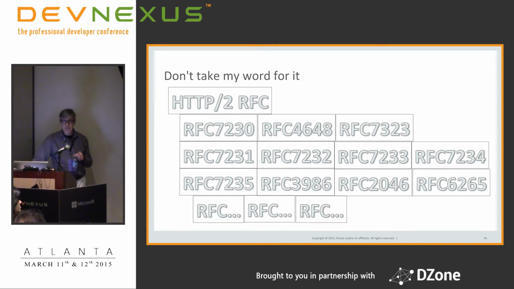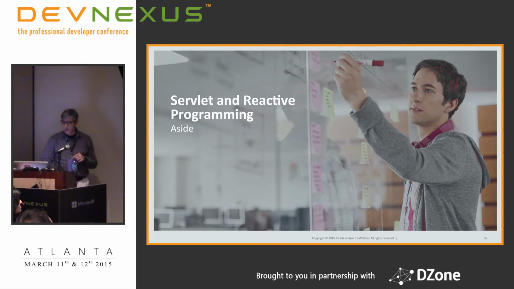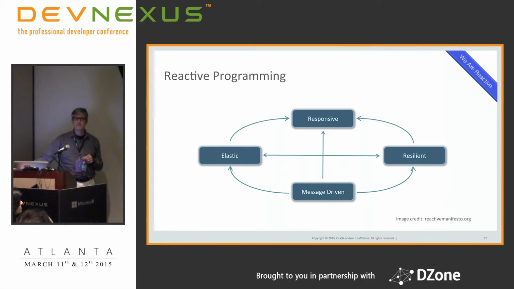There's a lot to read if you want to get to the bottom of this. Or you could just use Servlet, which sits on top of all this and provides a nice, easy-to-use API. And this gives me a segue into a little aside here about servlets and reactive programming. We okay so far? Okay.